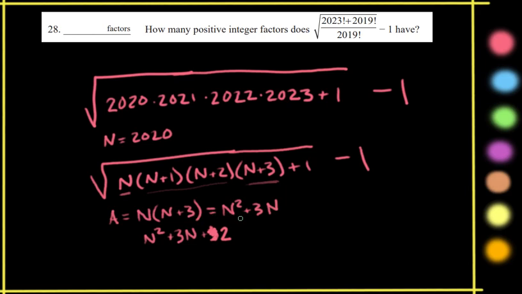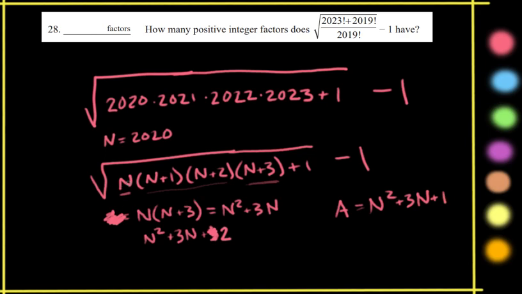So I'm going to call this a plus b and this a minus b, but it's not this a. I'm not going to call this a anymore. I'm just combining 2 different parts of this. So let's say this is a minus b. So that means my a has to be this plus 1. So my a is going to be n squared plus 3n plus 1.